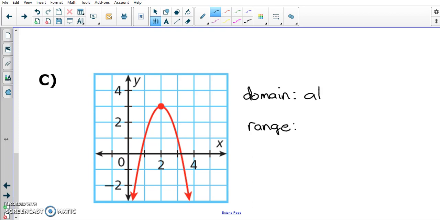It's not going to change. All real numbers. Range, the y values. This one has the highest y value, which is +3, and it hits everything down below it. So it's going to be all the y values less than or equal to 3. So put down y is less than or equal to 3.